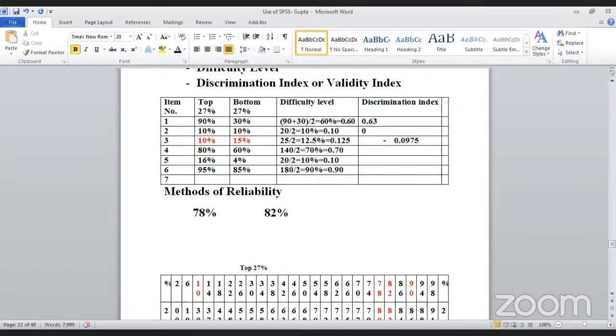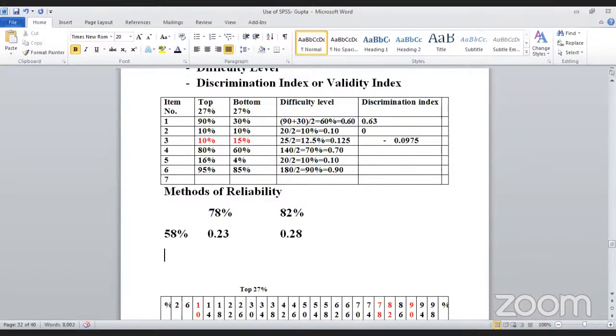Now it is 58%. When the top is 78% and the bottom is 58%, then the value given here is 0.23. And when the top is 82% and the bottom is 58%, then the value given here is 0.28.